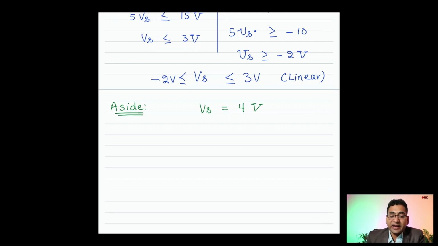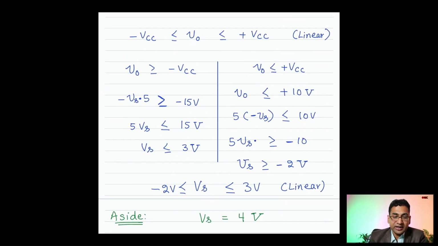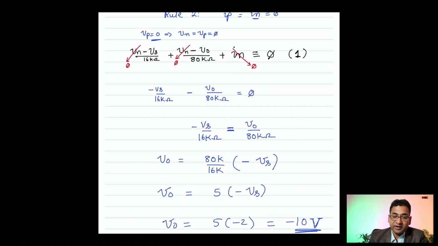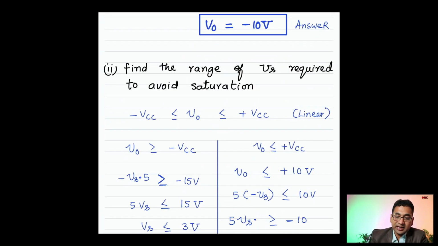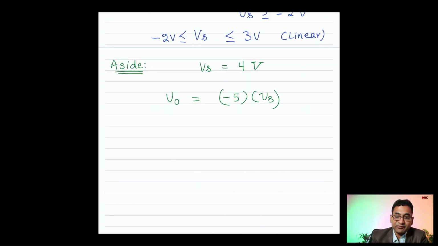Now, if I try to calculate the value of VO, which is negative 5 times Vs, that's what we figured. V output is going to go to negative 5 times 4, which is negative 20 volts. Do you see the problem?